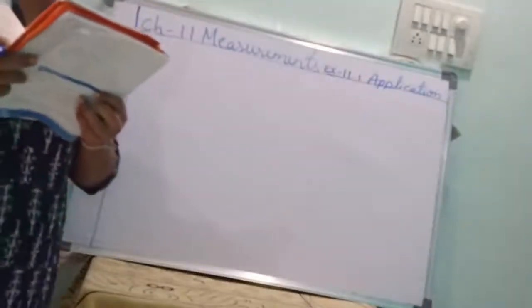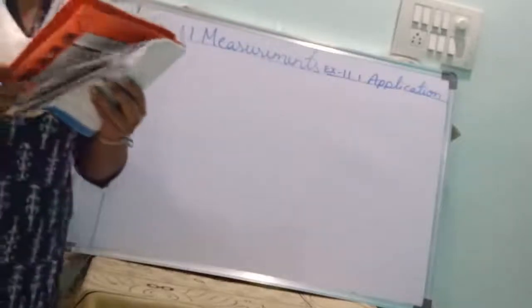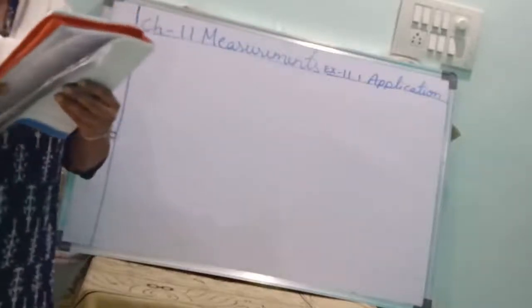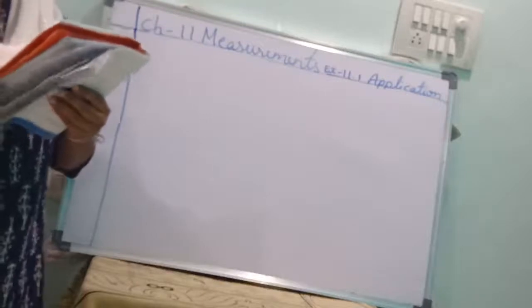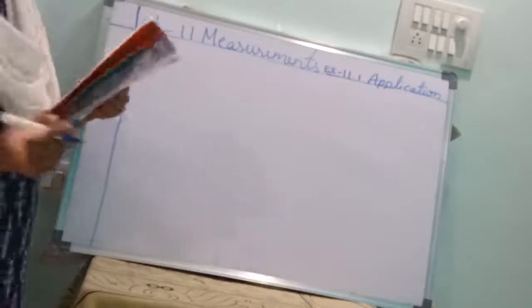19th one. Sadvik brought a ribbon of length 22 meters 14 centimeters. Sonu brought a ribbon of length 16 meters 10 centimeters. What is the total length of the ribbons they bought?